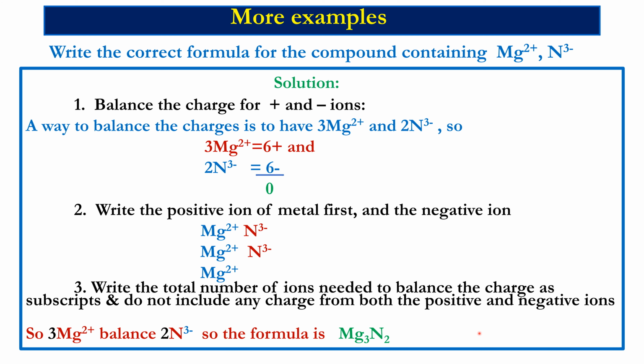And again, do not include any charge from both the positive and negative ions. So 3 Mg2 plus is needed to balance 2 N3 minus. So then the formula is Mg3 because we needed 3 of it, and N2 because we needed 2 of it. So the formula is Mg3N2.